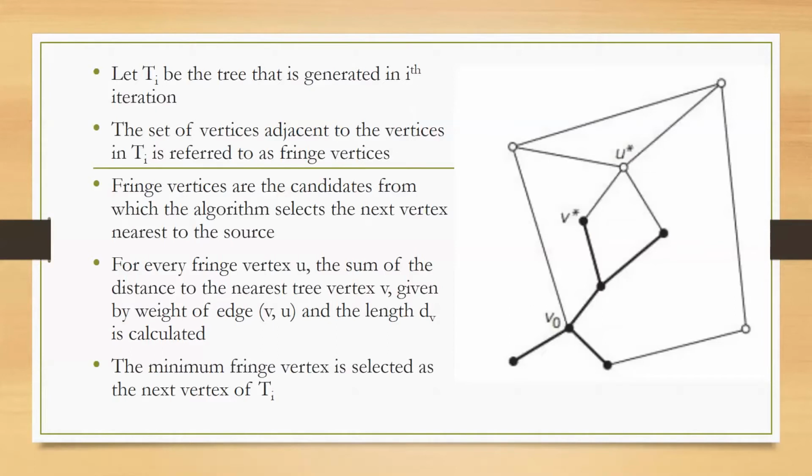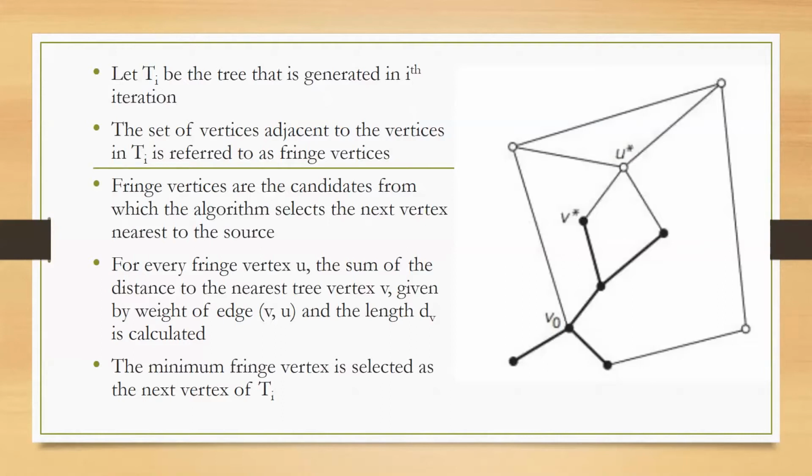So for understanding this, we are supposed to look at some theoretical concepts. First point, let Ti be the tree that is generated in ith iteration. See, in Prim's algorithm, just recall how it starts. Prim's algorithm starts with a single vertex. In every step, one vertex gets added to the tree vertices.